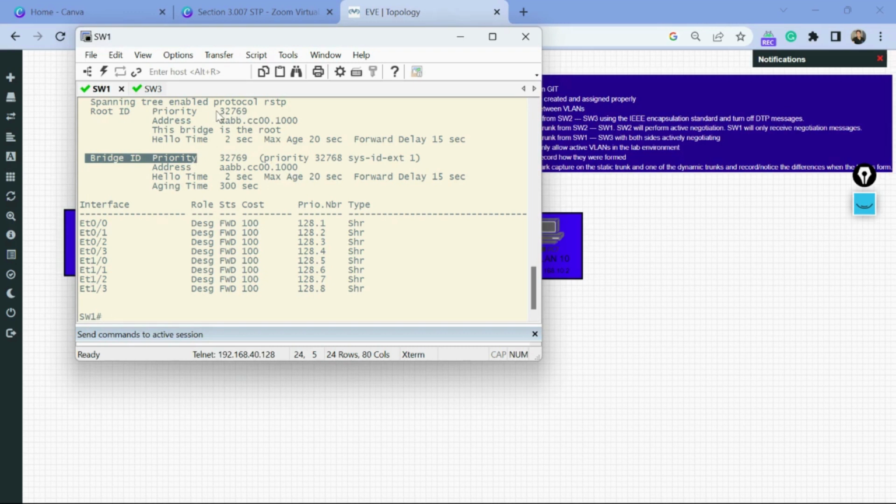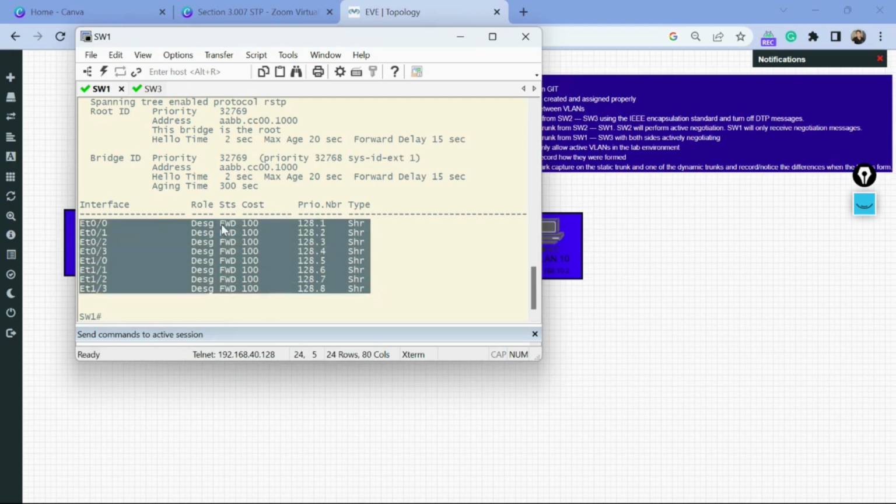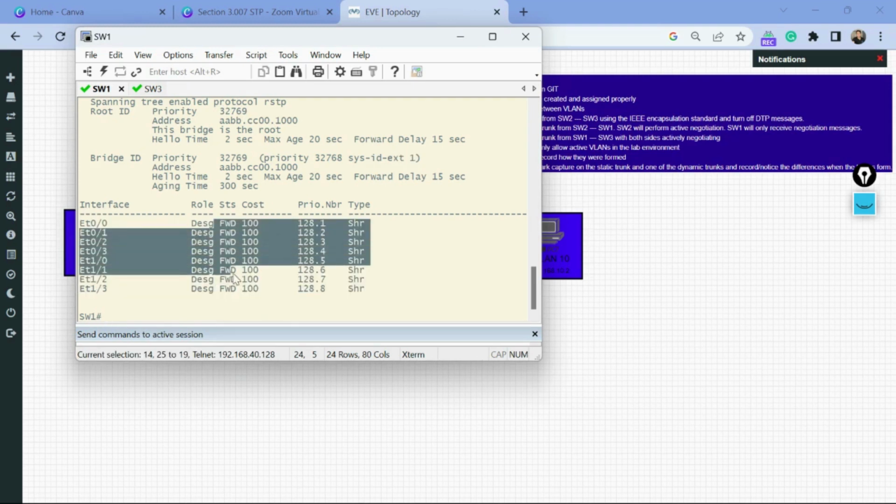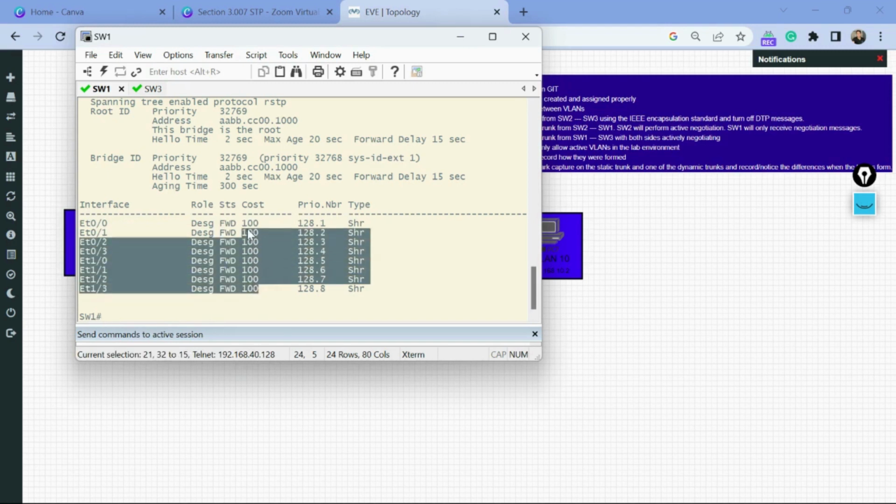You can see we're at the default here of 32,768 with our system extension added, which is VLAN 1. And then you see here when we're the root bridge, we're always forwarding. And since these are Ethernet ports, look at our cost, 100, just like we went over. So kind of validating what we went over in the actual lecture.